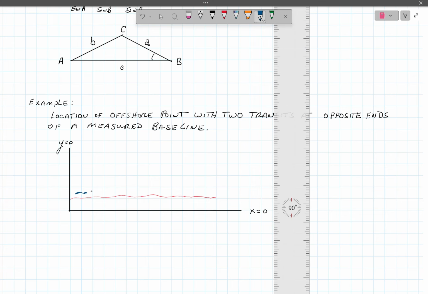We're going to add a little bit of waves. Okay, and we need to go back and figure out what we're doing. So out here, we're going to put in this location, and we're going to call this point C, but we're going to locate a buoy.